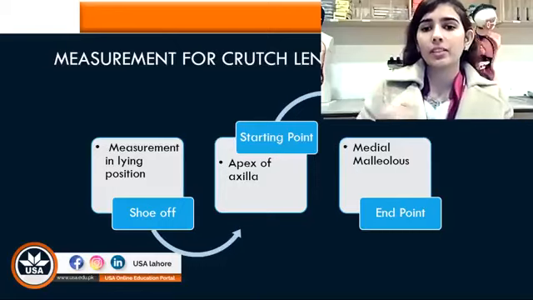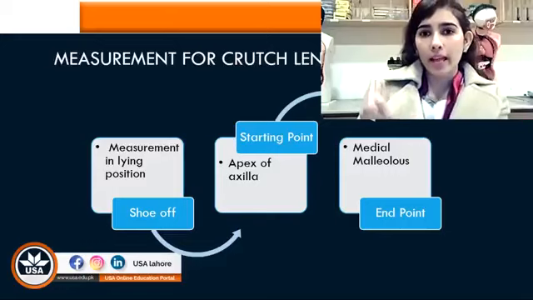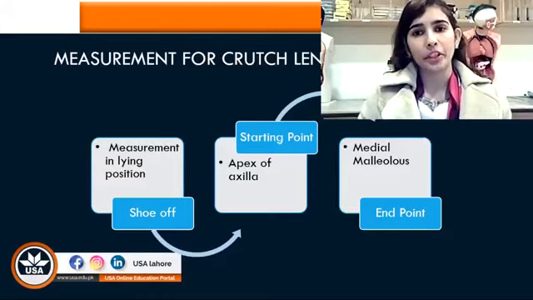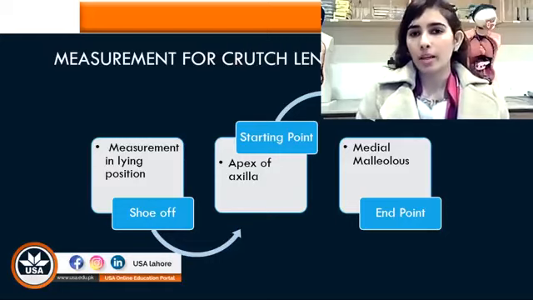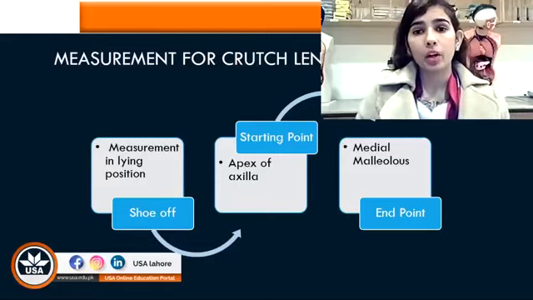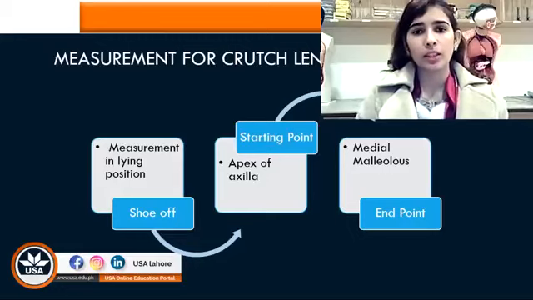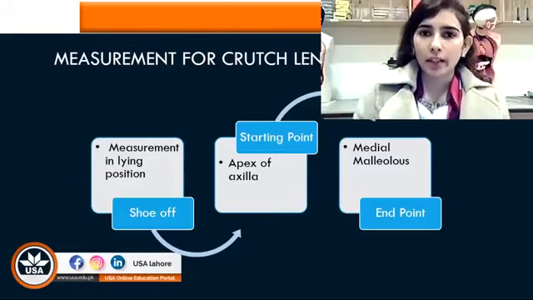So in axillary structures, the highest point that is deep in the axilla would be the apex of the axilla, and we will be taking measurements from that point. Starting from that point, we will end our measurement on the medial malleolus of the patient. Remember, not the lateral malleolus, but the medial malleolus. This will give the exact length that is required for the crutch for the patient to stand on.